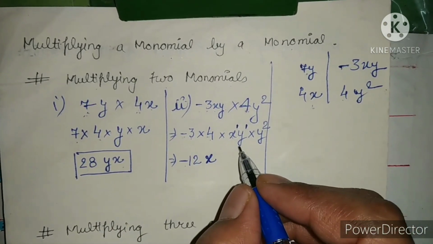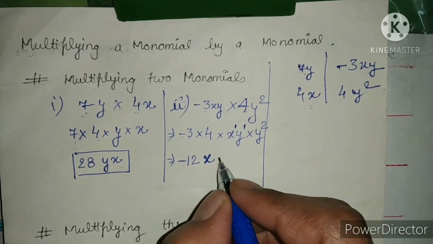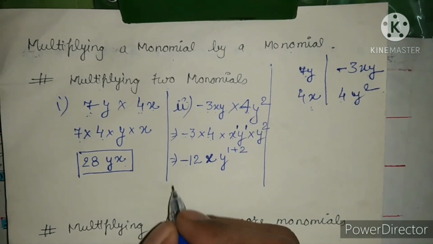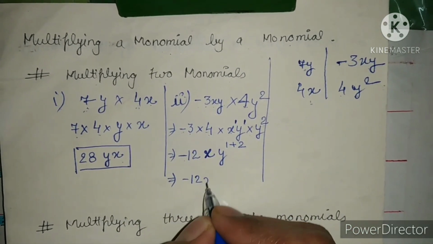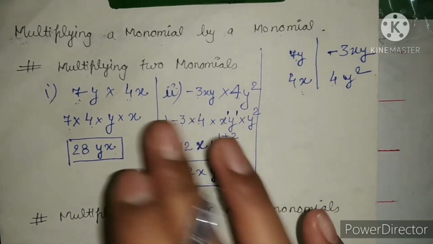But y to the power 1 multiplied by y to the power 2 becomes y to the power 1 plus 2. So it becomes minus 12xy to the power 3. This is the answer of the second.